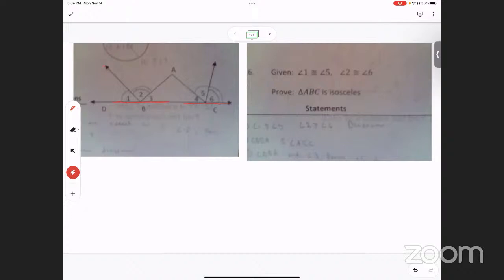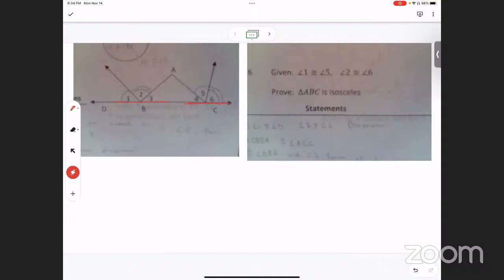Then you would say angle 3 equals angle 4, and you would use the subtraction property, because you're subtracting the same two things from the same equal angle. Do you get what I'm saying?